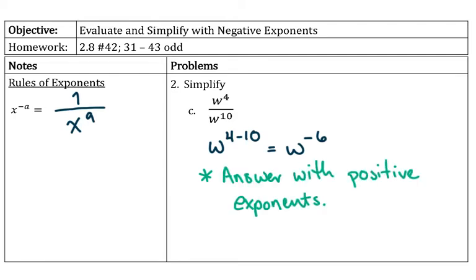And what that means is to turn every negative exponent into a fraction with a positive exponent. You'll notice negative here, positive in the fraction, for your final answer. It's like saying simplify your fractions for your final answer. It's not that this is not the same, but when we write our final answers, we want it to be with positive exponents. So your final answer would be 1 over w to the 6th.